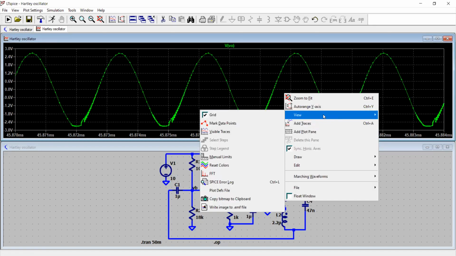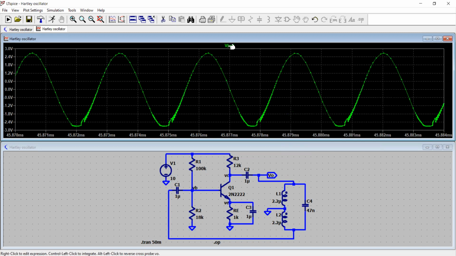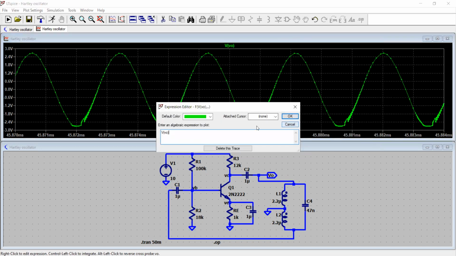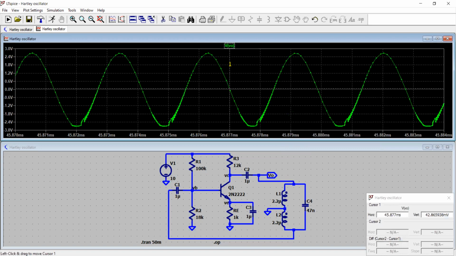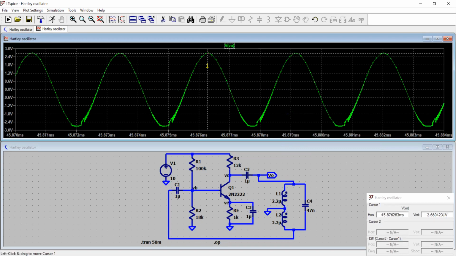So view again, and okay, let's say right click on this here. And you can then click the cursor, first cursor. So take this cursor in the middle here. And again, you see this Hartley oscillator.